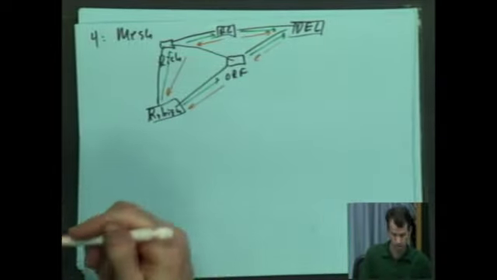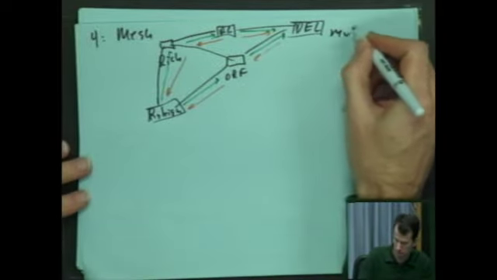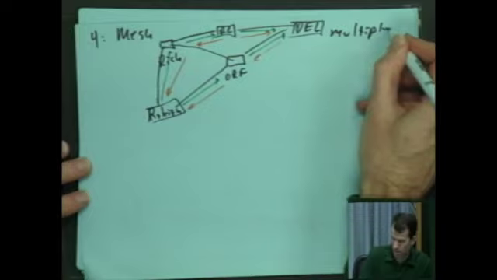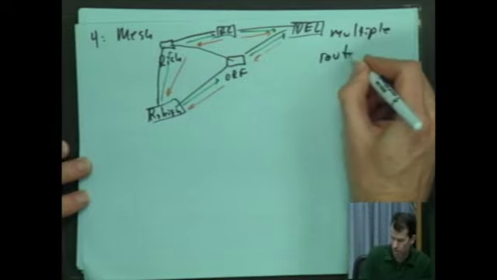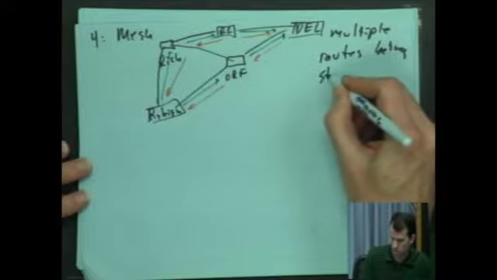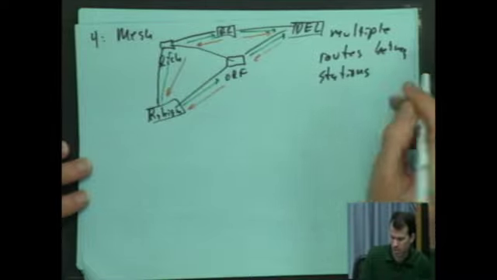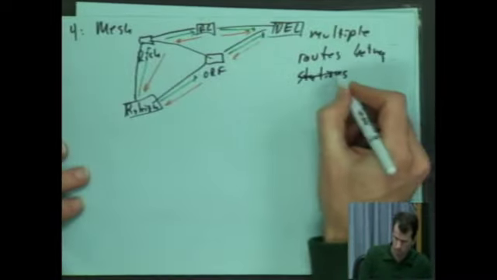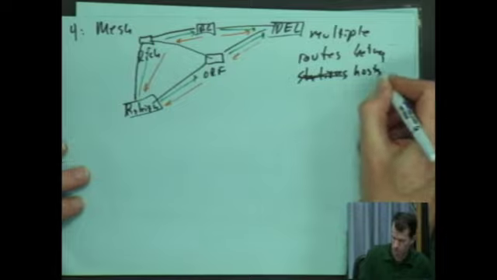All right? So there are multiple routes between, oops. And I'm going to put hosts on here. Have I been saying stations? One path. I'll put hosts. Hosts is better, okay?